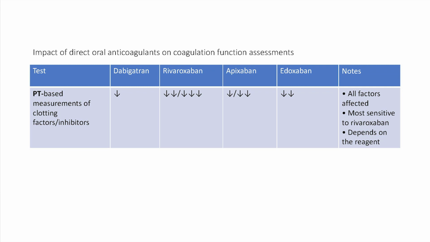If we look at PT, we can see the result of using dabigatran leads to a low level of PT, rivaroxaban also, and apixaban, edoxaban. All of these will lead to decreased PT.